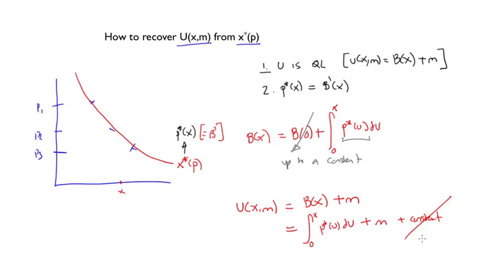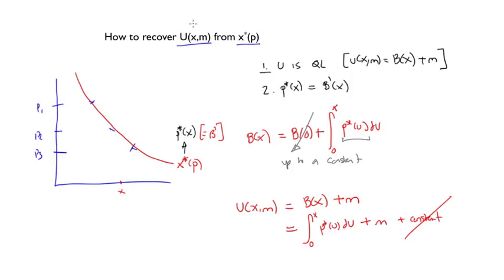I hope you can appreciate that this is beautiful. This is almost magical. There is this very important concept in consumer theory called the utility function. That is something that is very hard to observe because we cannot open, at least easily, people's heads to see how they are making their choices.